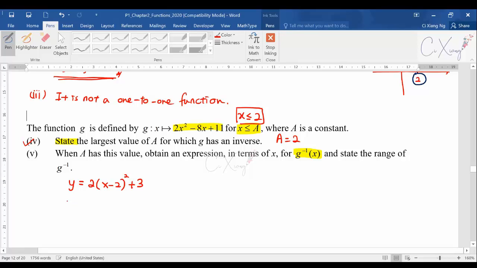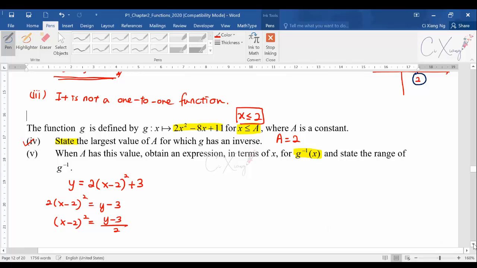Okay, then you have to move everything over. Okay, so you're having y minus 3 divided by 2.